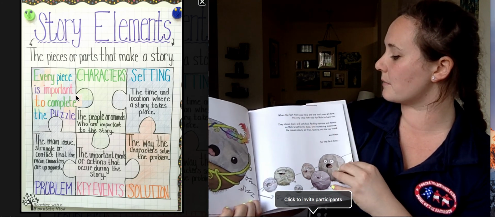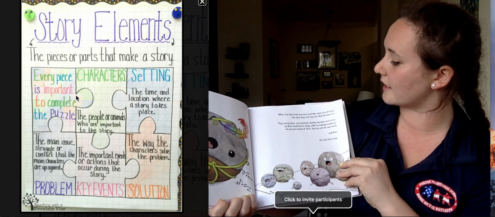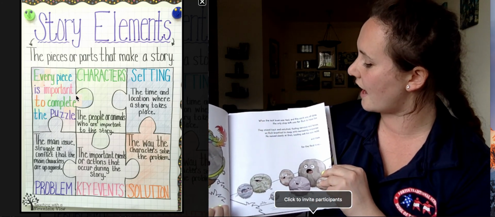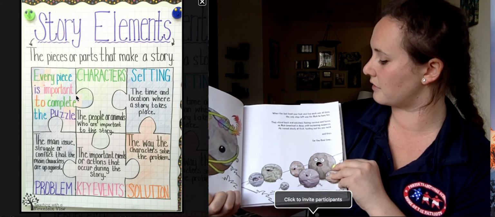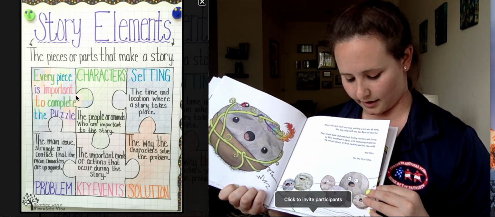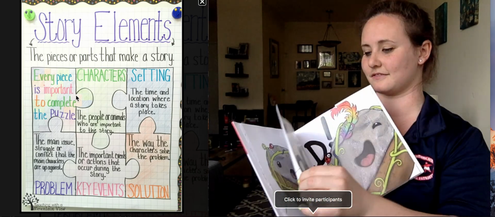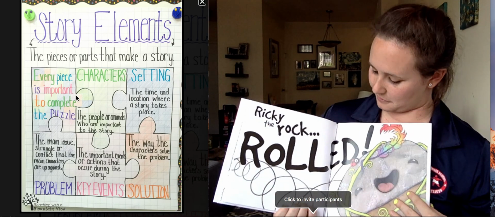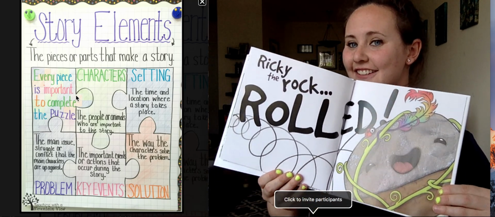When the last knot was tied and the work was done, the only step left was for Rick to have fun. As Rick breathed in deep with increasing suspense, he moved slowly at first, testing out his new mold. And then, for the first time, Ricky the Rock rolled. And how does he look? He looks happy.